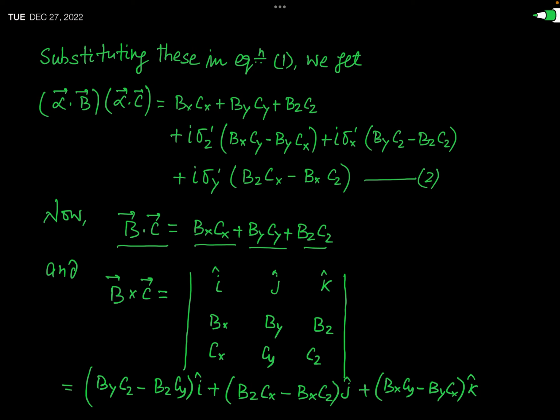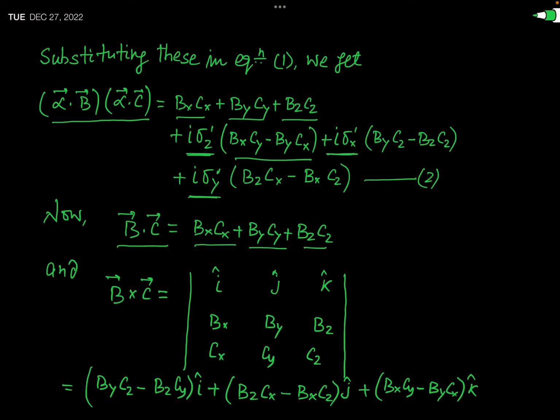Now I have used those results here, so alpha dot b times alpha dot c is equal to bx cx plus by cy plus bz cz, and instead of alpha x alpha y I have written i sigma z dashed, instead of alpha y alpha z I have written i sigma x dashed, and instead of alpha z alpha x I have written i sigma y dashed.